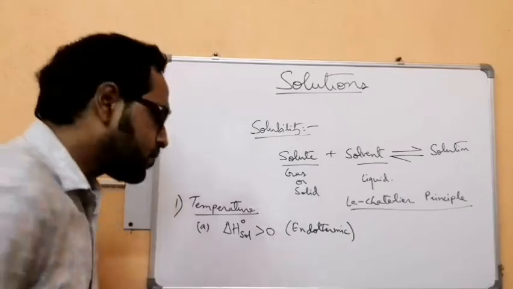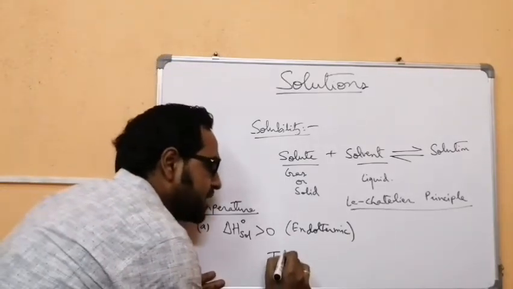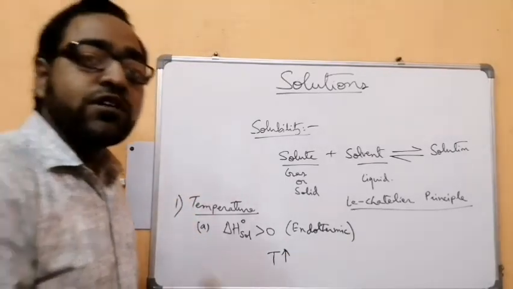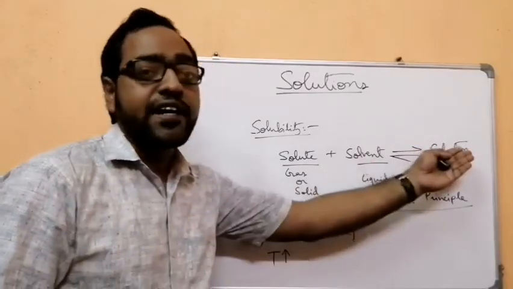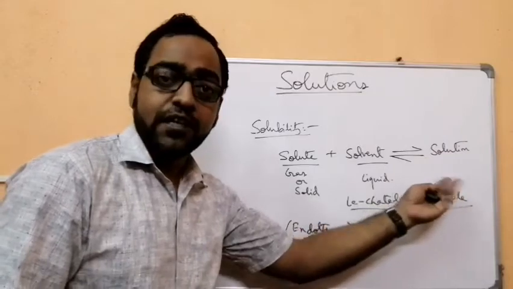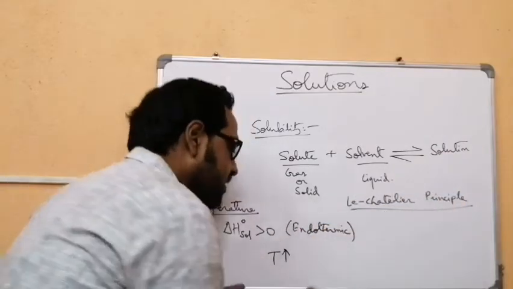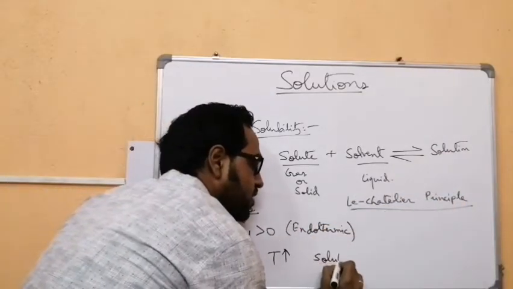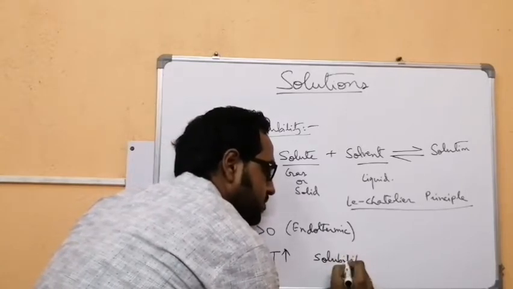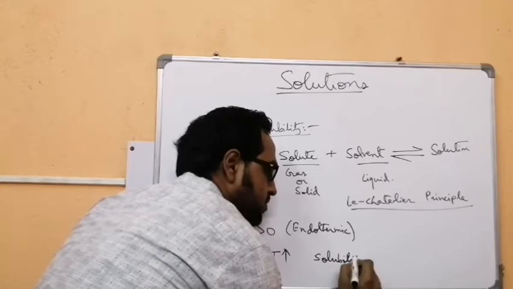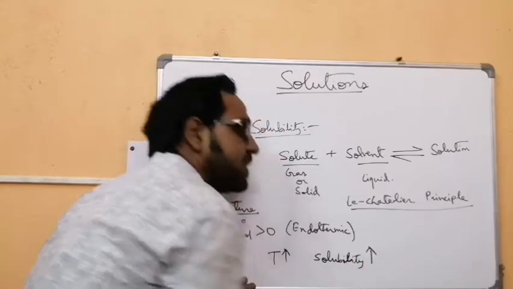So for endothermic process, if you increase the temperature, that means you are supplying heat, so the equilibrium will shift in that direction where it can absorb heat. So it will move in the forward direction. So solubility also increases.